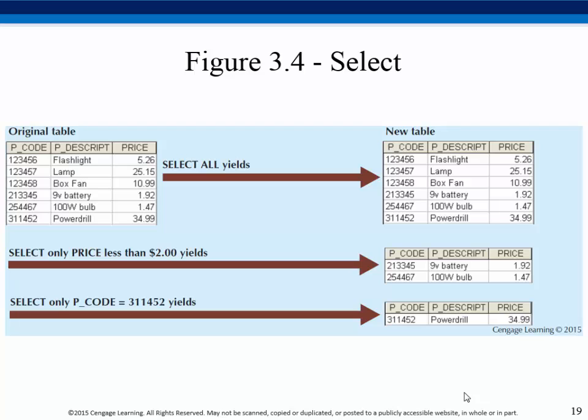So if we look here at select, select all will yield everything. If you select only price less than $2, it yields those two records. And if you select only P_code equals 311452, it yields that one product.